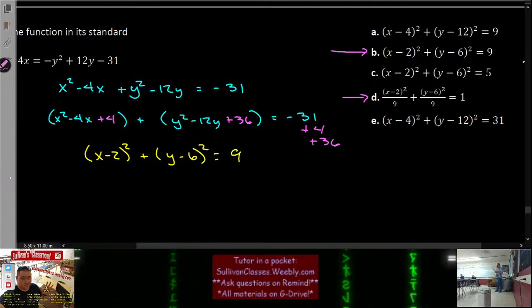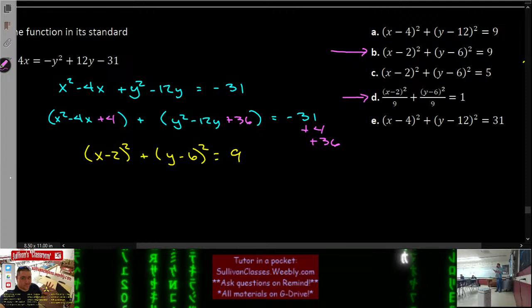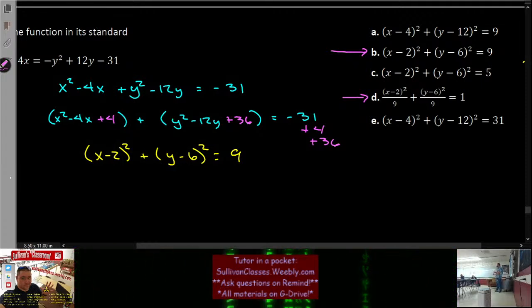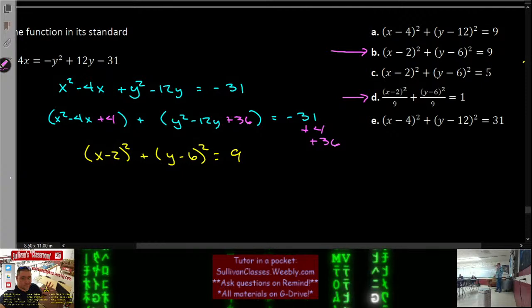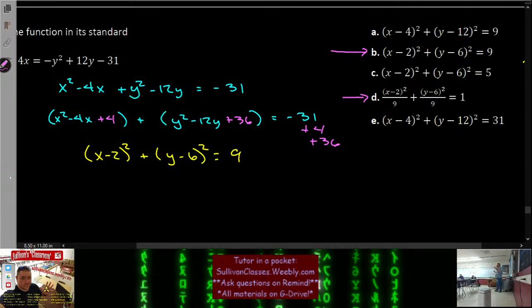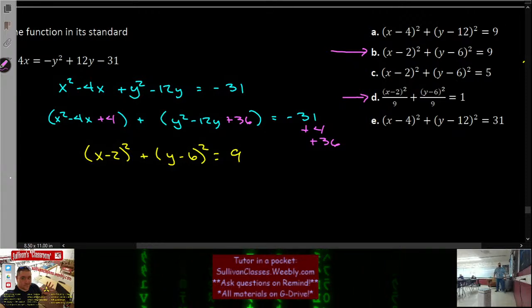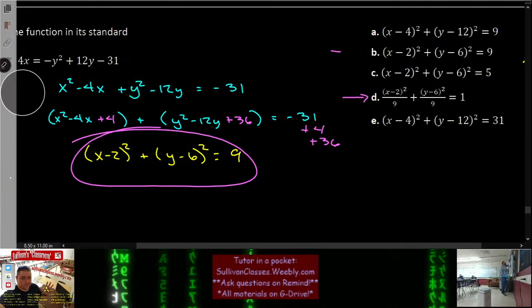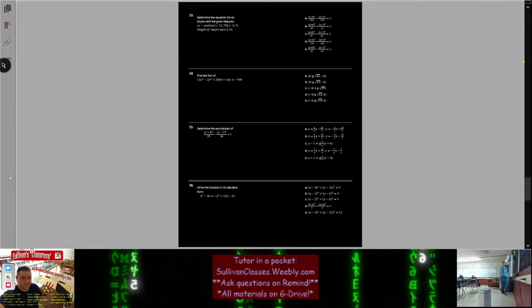Which one is it? One where I don't divide. Because if they both have the same coefficients and it's a circle, we leave that denominator, since it's the same, on the other side, because that's my radius squared. So that's it. Right?